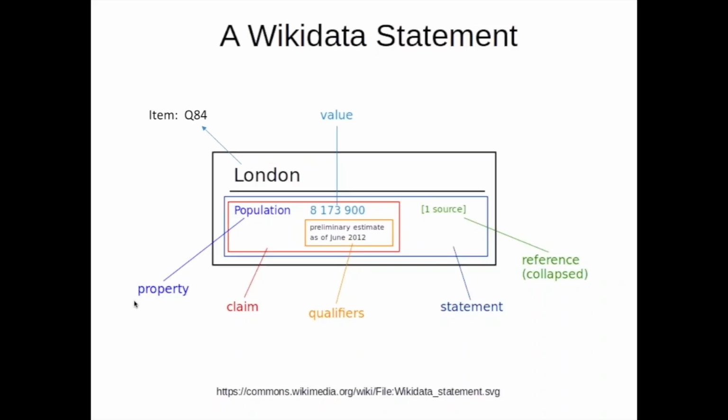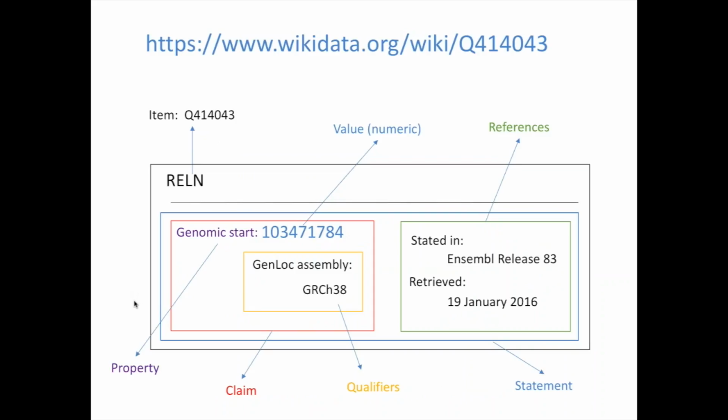That's its goal. So here's an example of the same kind of thing in a biomedical domain. Here's an item that our group has created about a gene called RELN. You'll see it's all the same things here. It's got its unique identifier. In this case, we're talking about a different property, the genomic start. There's the number of it, a number attribute.